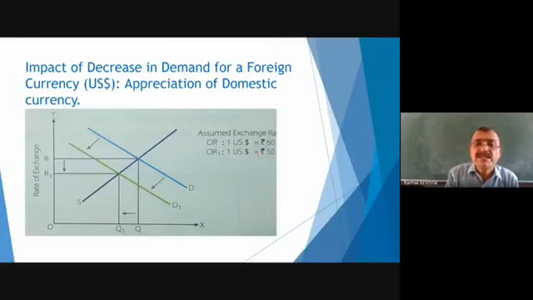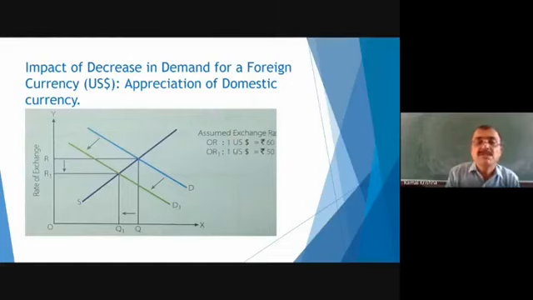It means that the value of the Indian currency has now increased in comparison to the US dollar. And this is called what? Appreciation of domestic currency. Now we need less money to purchase US dollars, or the commodities from the US become cheaper to India.